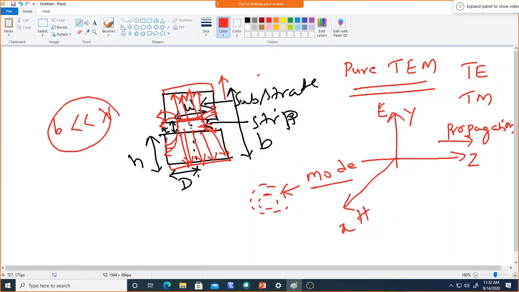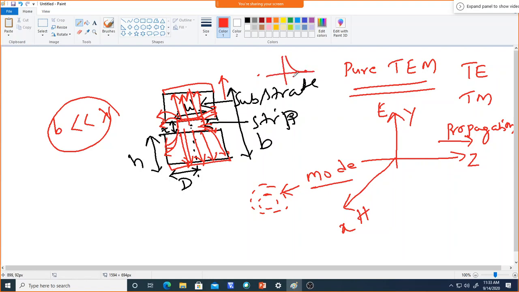This height reduces compared to lambda, so the field will not go to the ground plane, and that's why it decays exponentially.